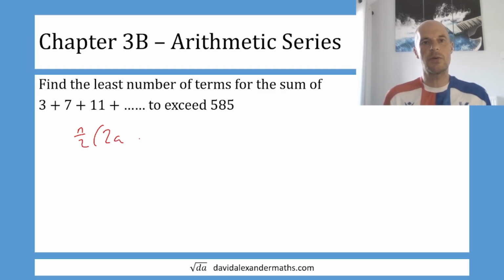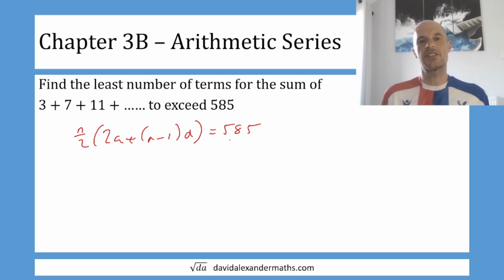So for this question, what we're going to do is the usual n over 2, lots of 2a plus n minus 1d, and we're going to set it to exactly 585. Now, I'm pretty sure that when I set it to 585, the value for n that I get will not be a whole number, so I'll need to round it up. So again, we don't know what n is, but what I'm going to do first of all is just double everything.